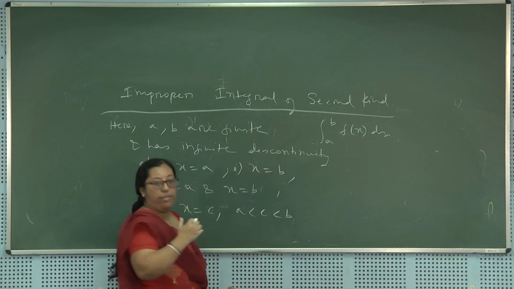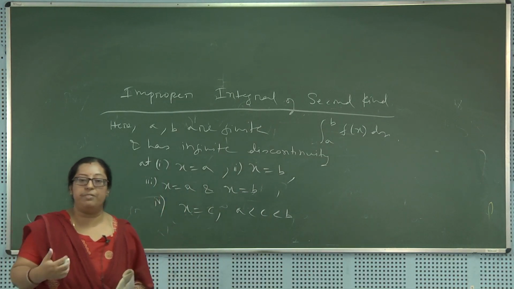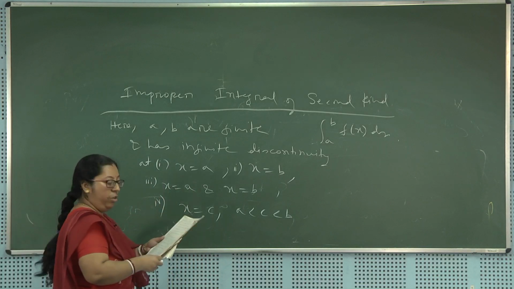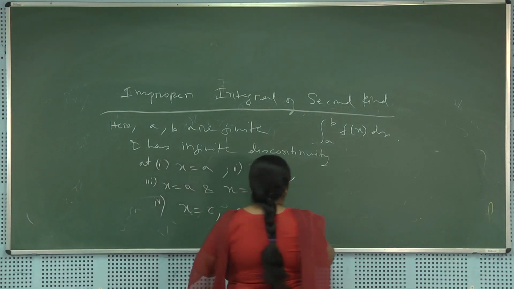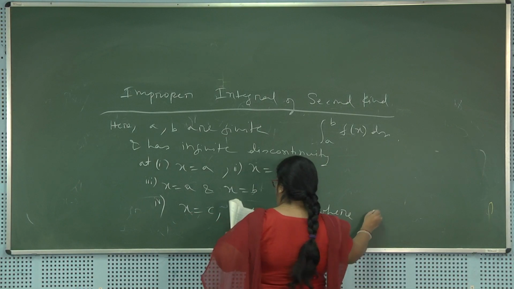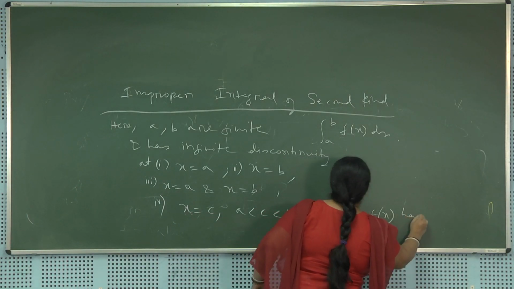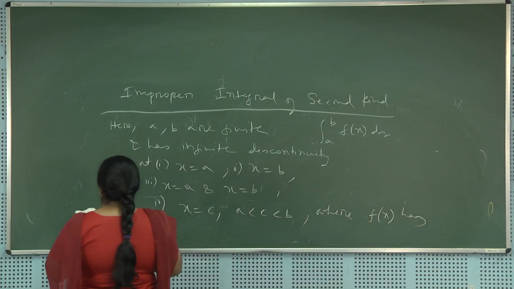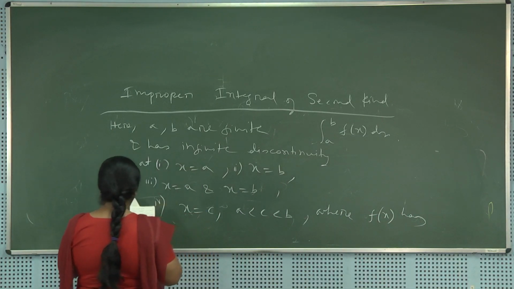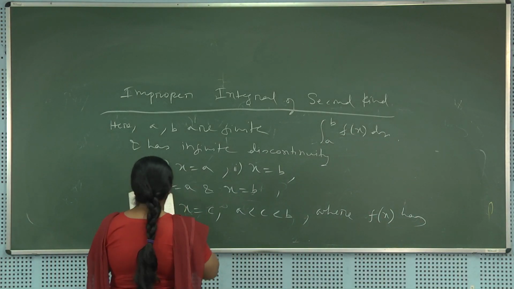Remember, you have to approach systematically, otherwise it will not come to your hand. So, the way we are showing, you have to do that, where f(x) has an infinite discontinuity at x equal to c.